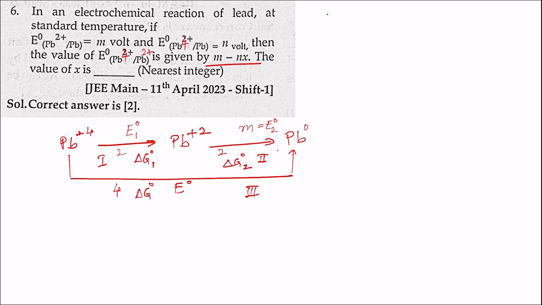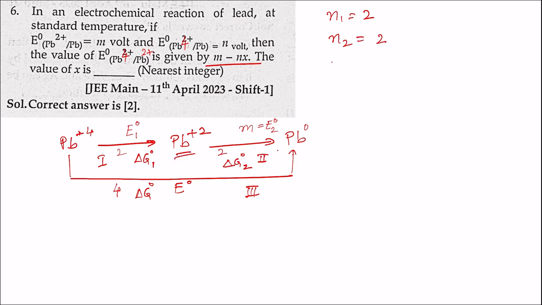Number of electrons involved in step 1, N1 is equal to 2 electrons, as lead changes from +4 to +2 oxidation state. So decrease in oxidation state is by 2, so it accepts 2 electrons. For step 2, number of electrons involved is N2, which is equal to 2 electrons, as lead changes from +2 to 0 oxidation state.